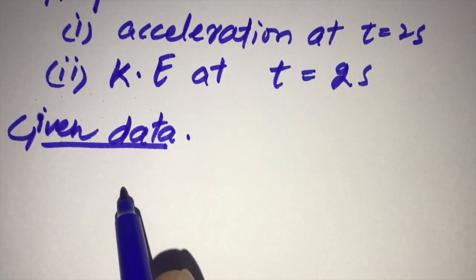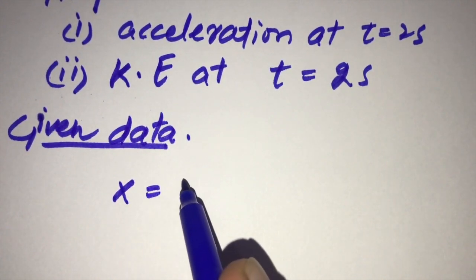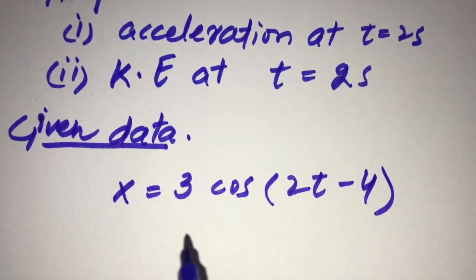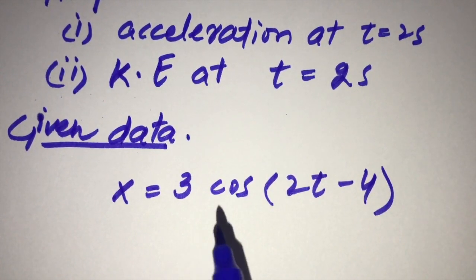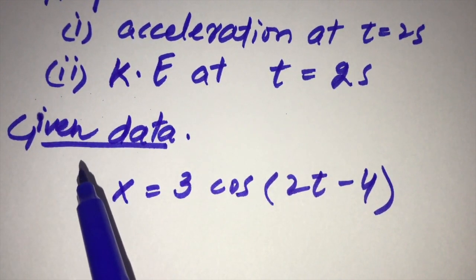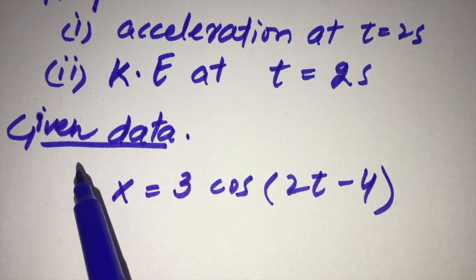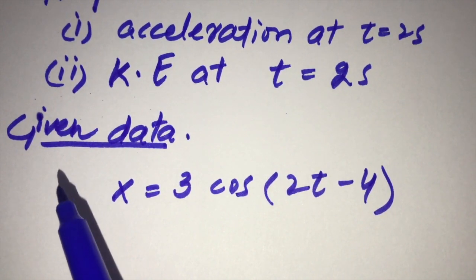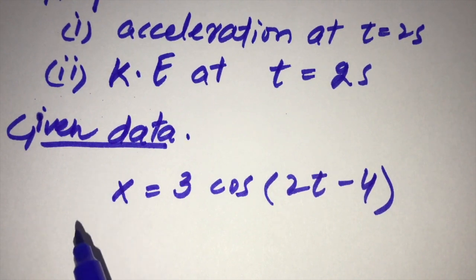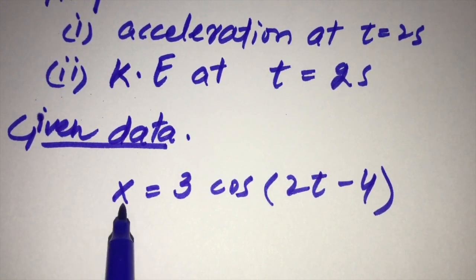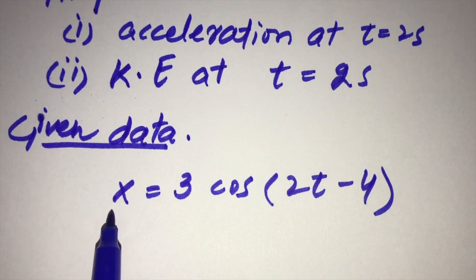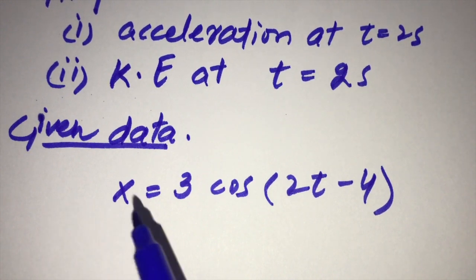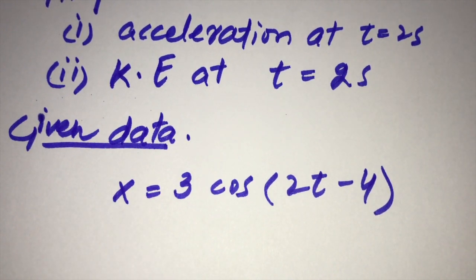We have to find the acceleration at t is equal to 2 seconds, and then the kinetic energy at t is equal to 2 seconds. In order to find the acceleration, we first have to take the double derivative of this displacement, because the single derivative of displacement is equal to velocity, and then if we take the derivative again, it is equal to acceleration.